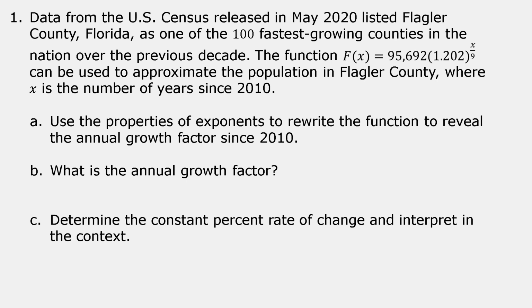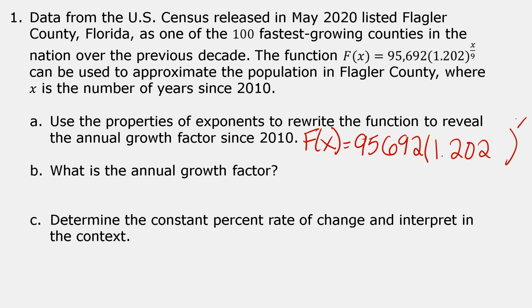So we're going to take our function, so the f of x equals 95,692 times 1.202. And we want to raise it just to the x power, so we need to split this x over 9 into x times something.